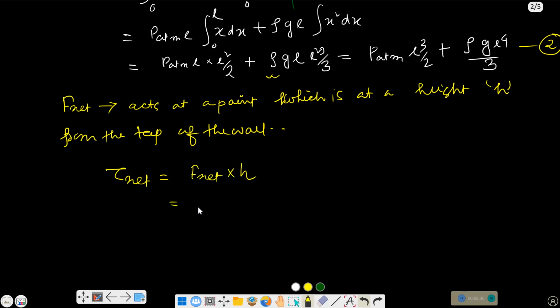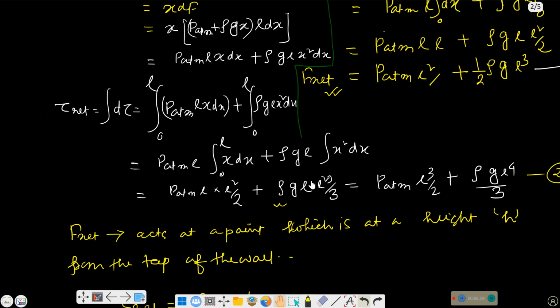Okay, now what is the F net? Our F net was P atmosphere L square plus half rho g L cube. Is it? We have already calculated this here.